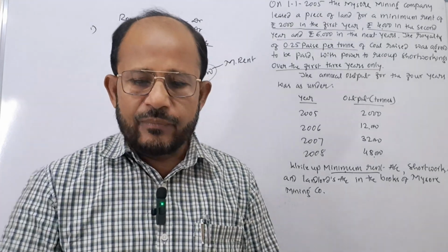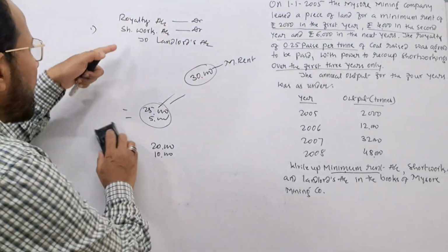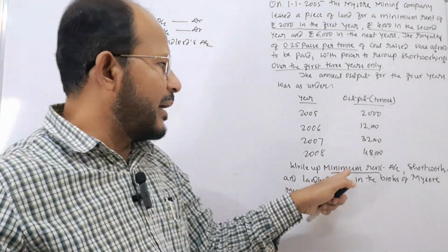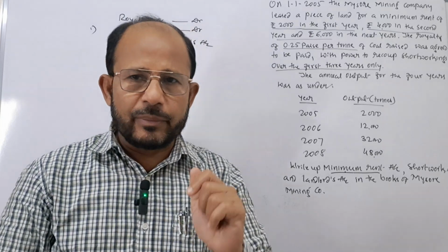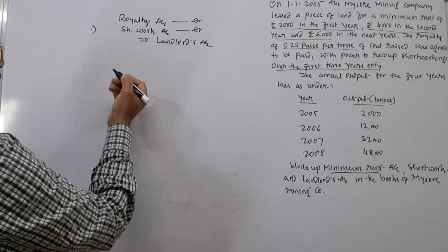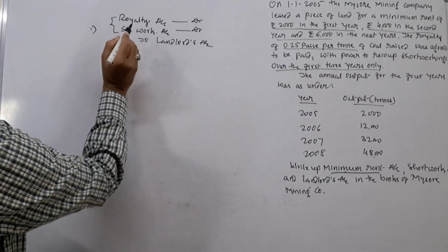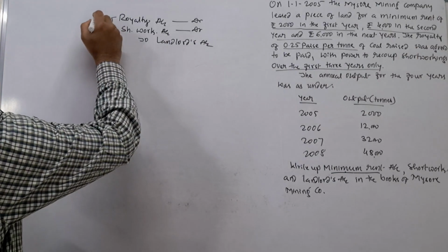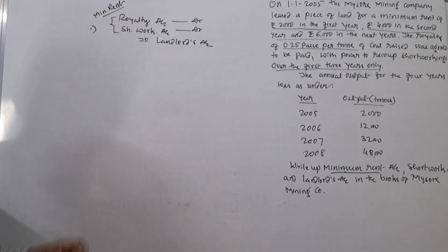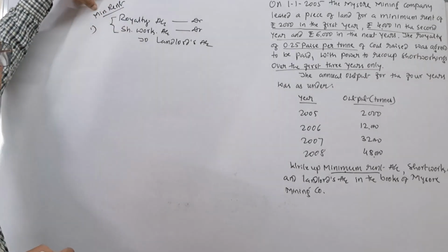Because of that, whenever a minimum rent account is asked to be prepared, you remember this journal entry. Instead of royalty and short workings, what are we going to take? Minimum rent. I told you the total of these is equal to minimum rent.